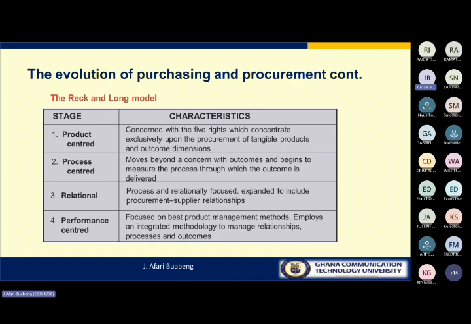You build on it. So even though we are interested in the product, that is the first stage, now we are showing concern with the processes leading to the product. Let me give you a typical example. I used to love a particular food joint.